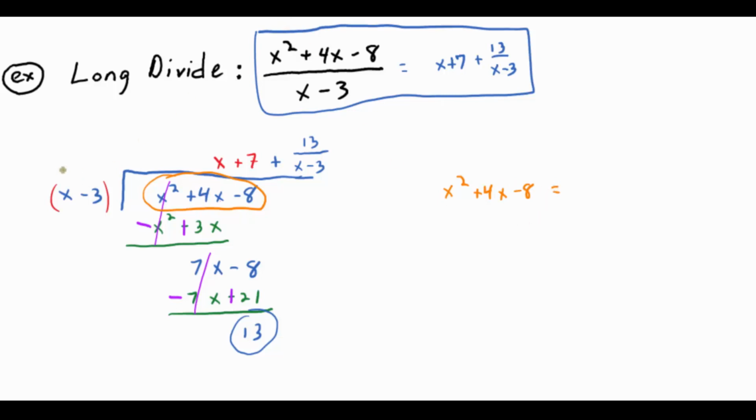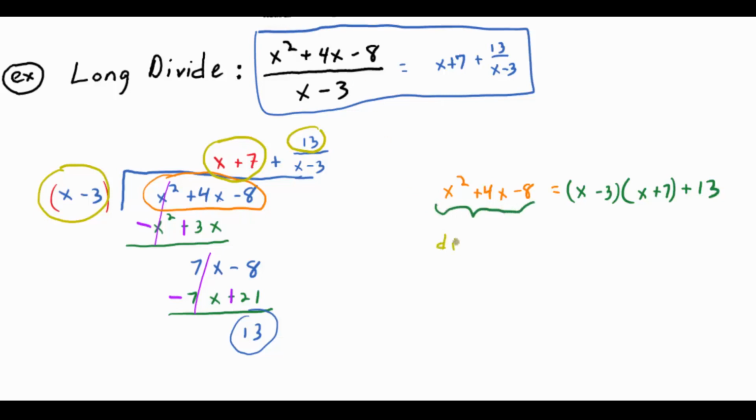You take the divisor times the quotient and add in just the remainder, just the 13. So it should be x minus 3, the divisor, times the quotient, x plus 7, and then plus the 13, the remainder. So this is the dividend here, just to write out the check on division.